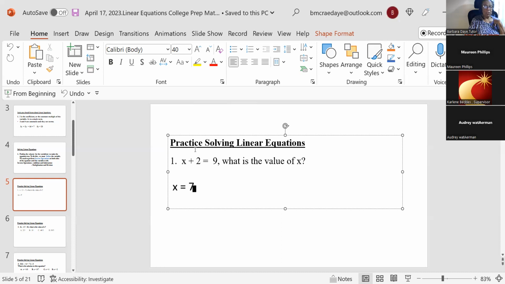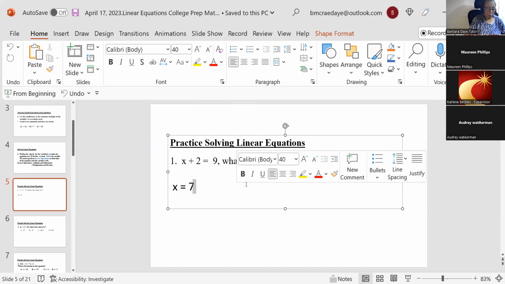The inverse operation of addition is subtraction. Subtract the 2 from both sides, and you'll get 7. So some you have to actually go through the operation. Some you can do with mental math, just determine what it is.